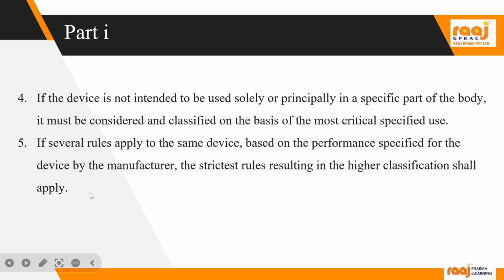That means if several components are already available in your device and it is a very complicated device, then the stricter rule means what? It should be classified under D, right? So the highest classification is what we have to take. Higher classification is either C or D, and for whatever reason you are classifying under C or D, you have to justify it.